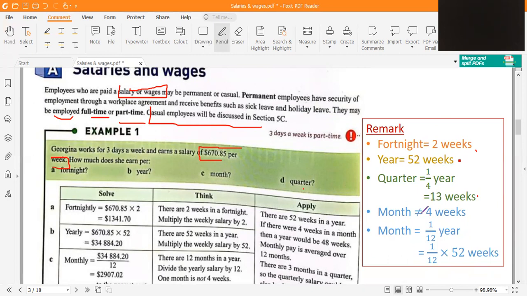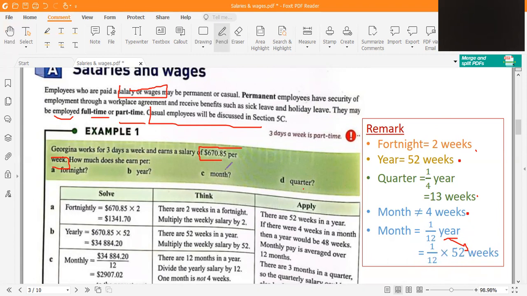A month we can't express in terms of weeks, because a month is equal to 4 weeks and some days, 2 or 3 days. So a month is equal to 1 over 12 of a year, which in terms of weeks is 52 over 12 weeks.